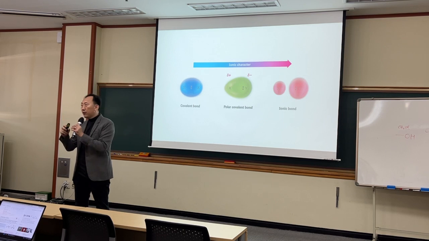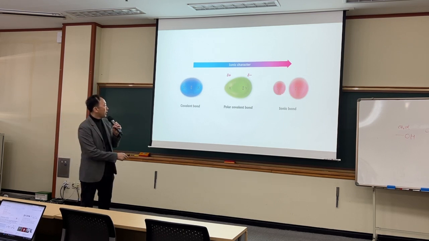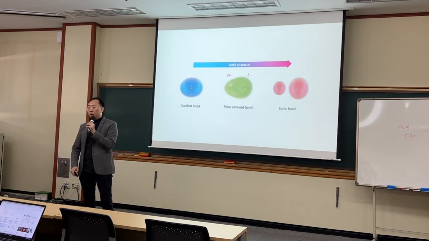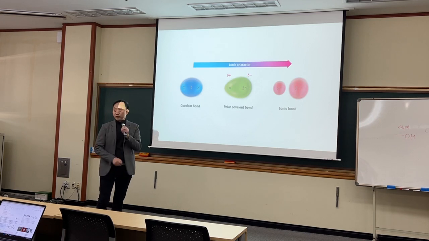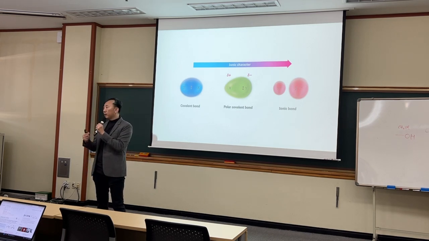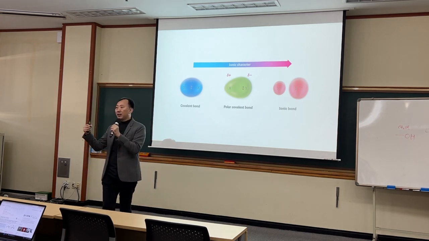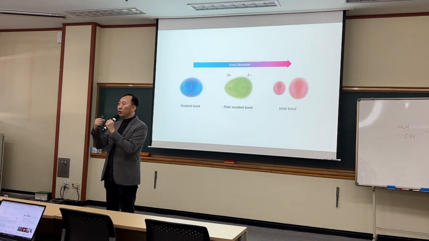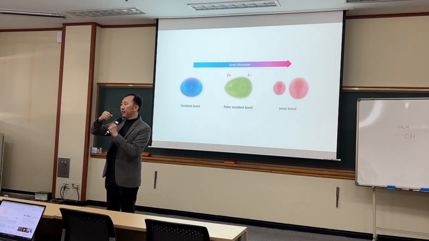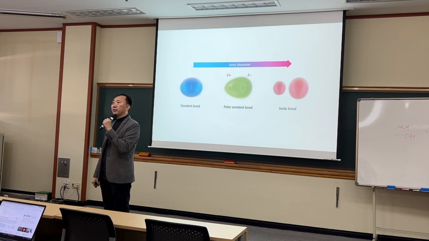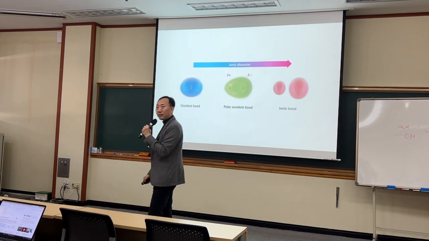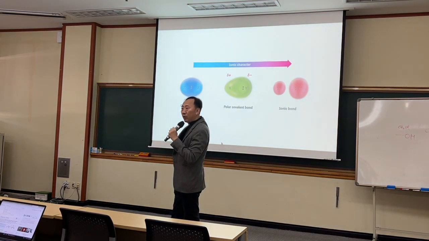If it's fully separated, not sharing, usually we draw hard balls. The 2 balls do not mix together. One is positive, one is negative, and electric force wise they attract each other and stack. That's an ionic bond. Now, there seems to be something in between, with covalent character.